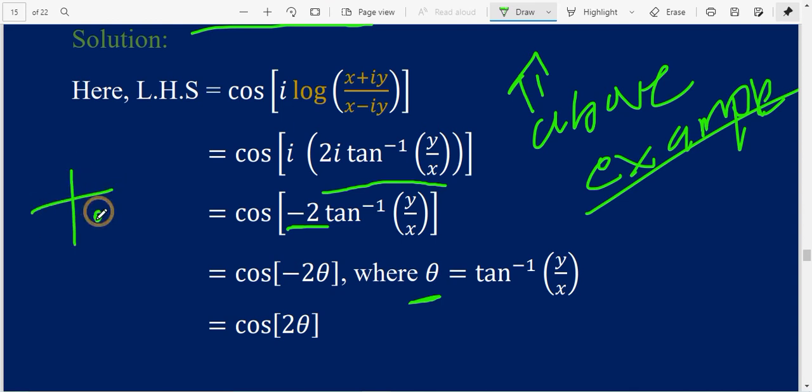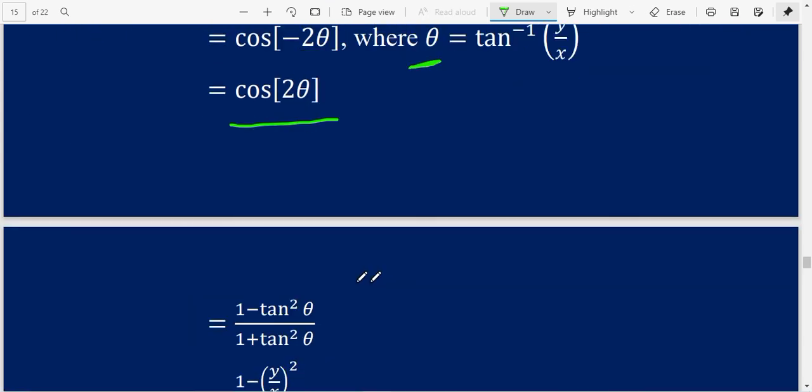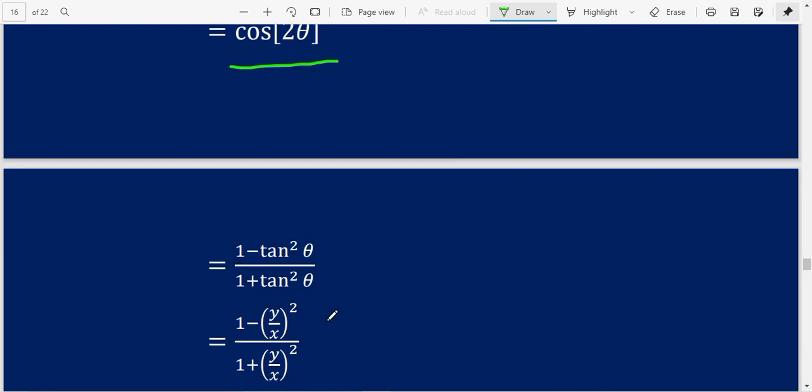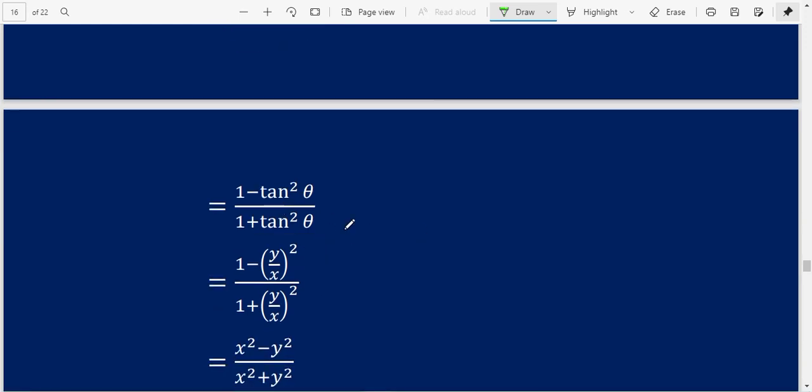And the cos function is an even function. So cos of minus 2 theta is equal to cos 2 theta, and cos 2 theta is equal to 1 minus tan square theta upon 1 plus tan square theta. So tan theta is equal to sin theta upon cos theta.